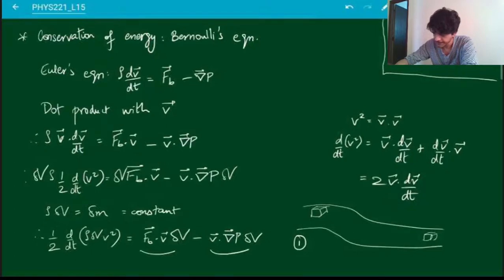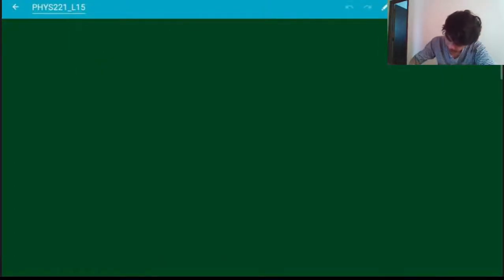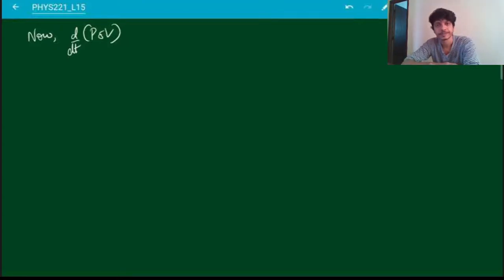For that, I will consider this quantity: derivative of P delta V. So this is dP by dt delta V plus P d by dt of delta V.